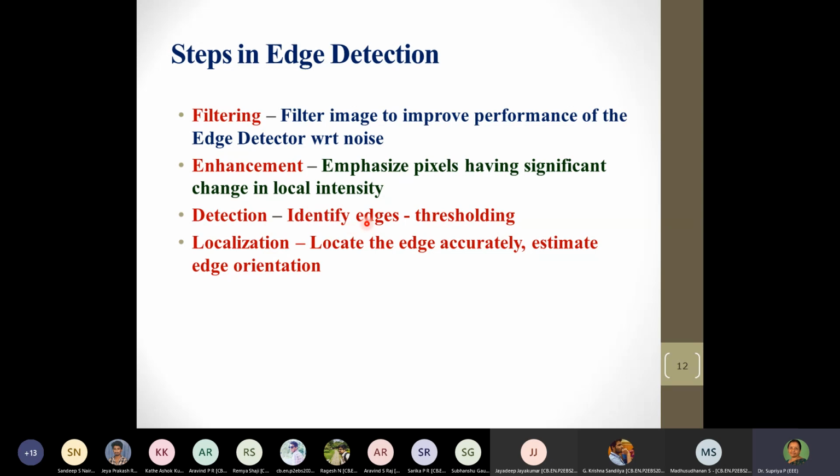Next, how do we identify the edges? We have found some values, some 1s and 2s. This many 1s are there, this many 2s are there, etc. We will be applying a thresholding algorithm, which means, let us say that if it is less than 6, we say that it is an edge, or if the difference is less than 5, we say that it is another edge.